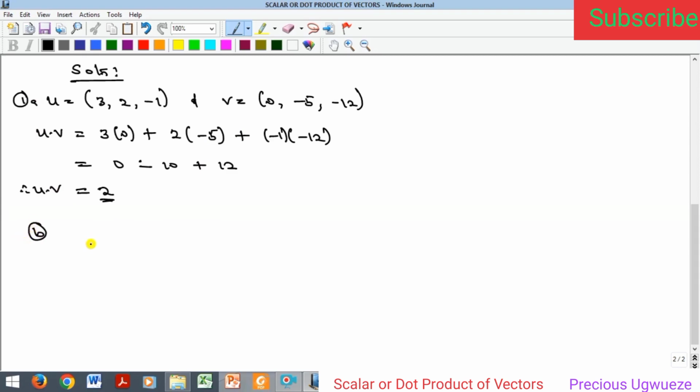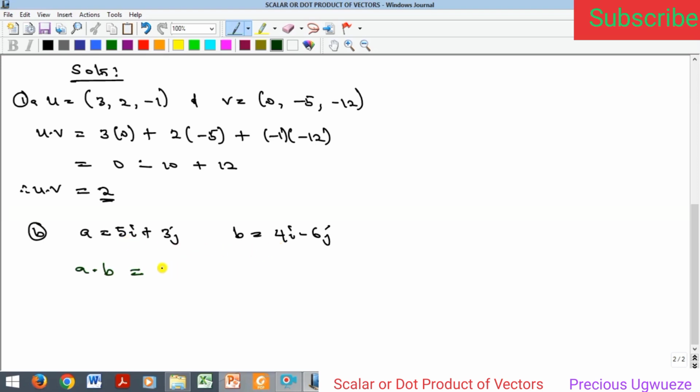For B, we have that vector A is equal to 5. How do we go about this? Same thing. A dot B will simply be the product of the corresponding components. Here is 5 and there you have 4.